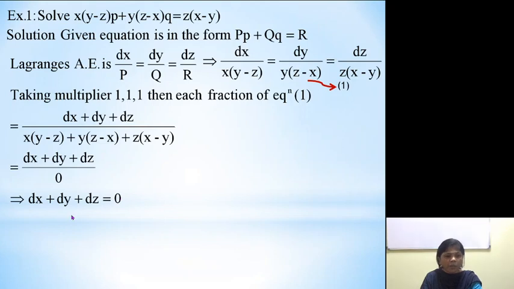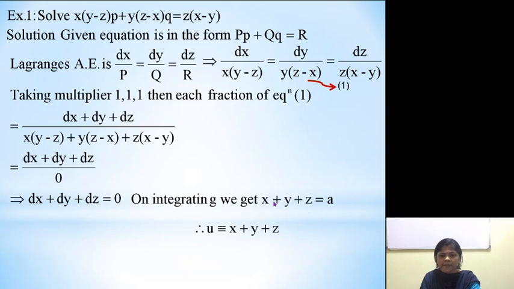On integrating, we get integration of 1 with respect to x is x, plus y, plus z, equal to a, where a is the constant of integration. To get the first solution, leave this constant, and you will get the first independent solution, that is u equal to x plus y plus z.